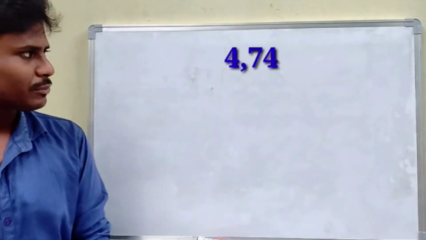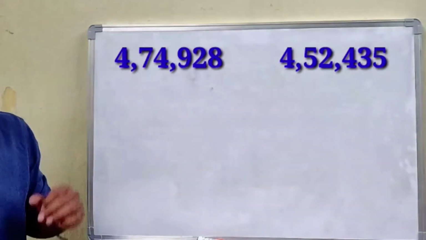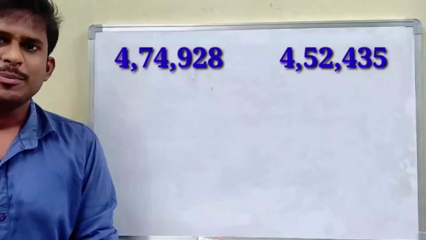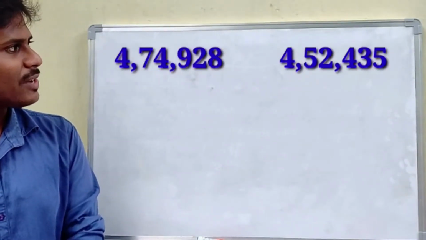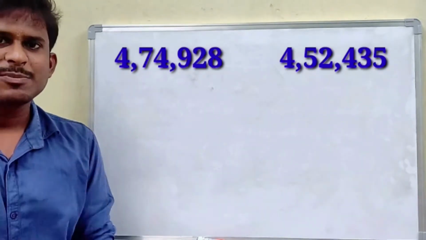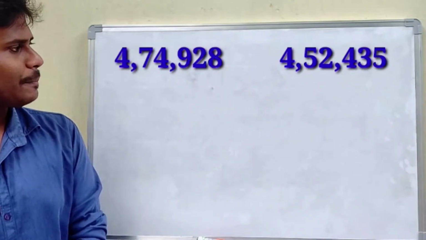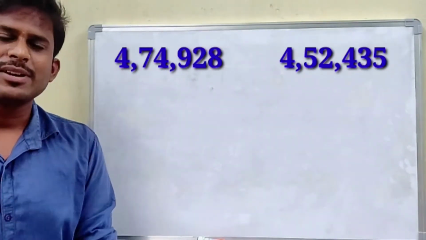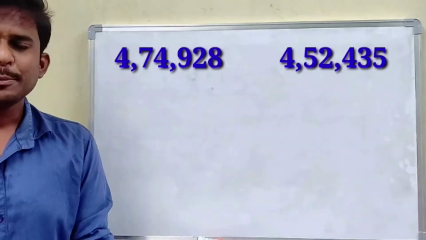Look here. Let us take two numbers like this. Both the numbers have the same number of digits, and look for the highest place value. In the highest place value, the 1 lakh place, we have the same digit 4 in common.